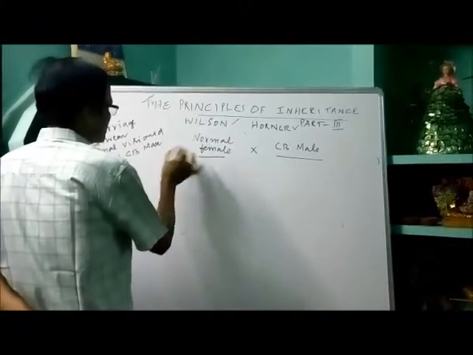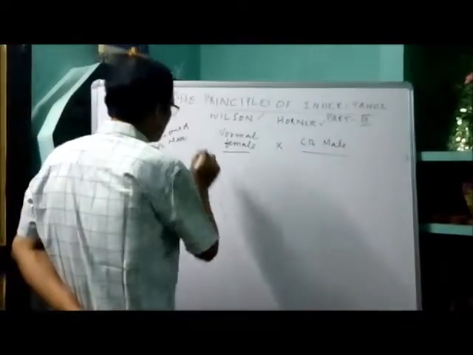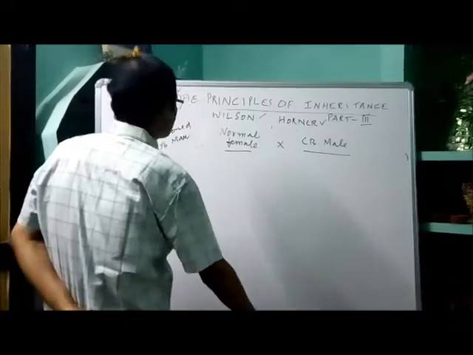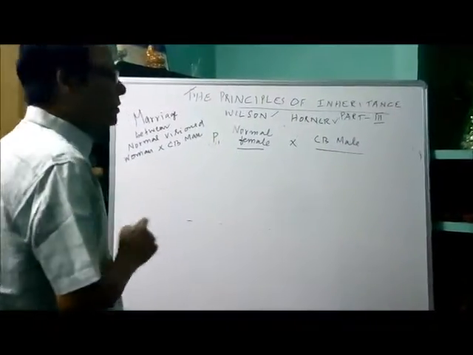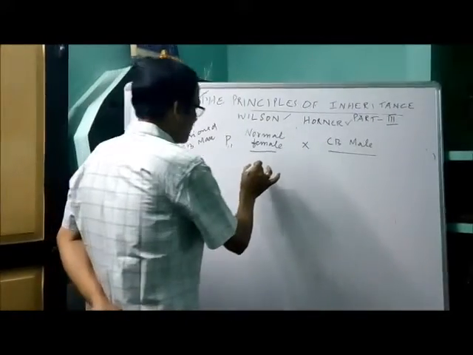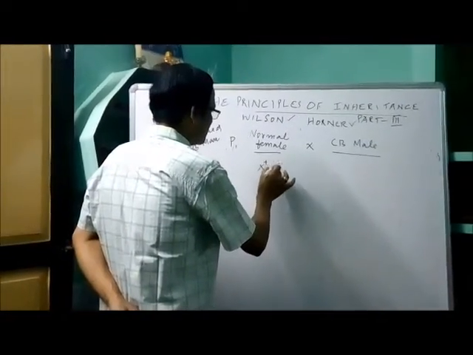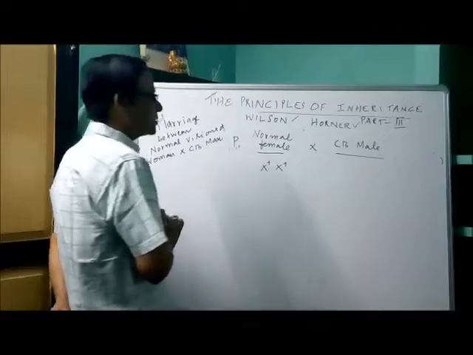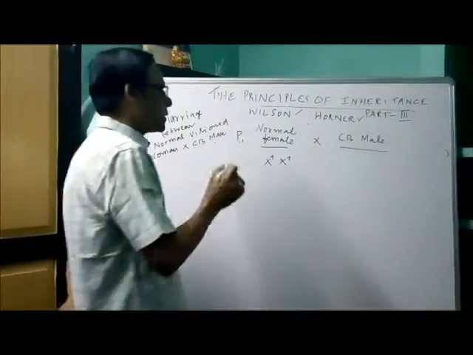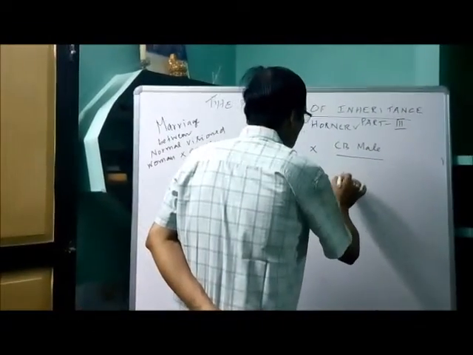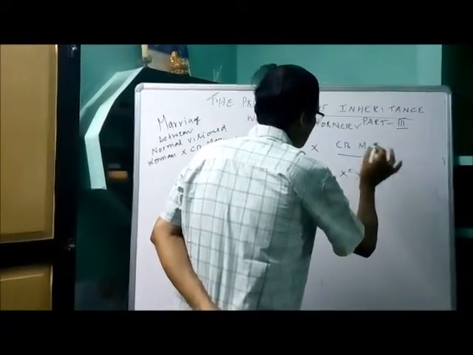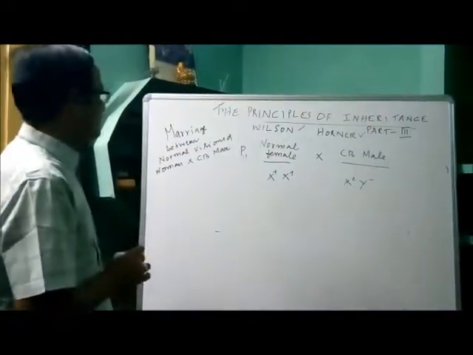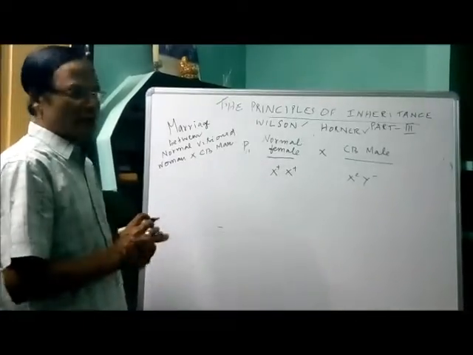These are the parents, and I am representing the parents as P1. The normal female has this genotype. The colorblind male has a recessive gene and no corresponding allele in the Y chromosome. This is about the genotype and the phenotype.